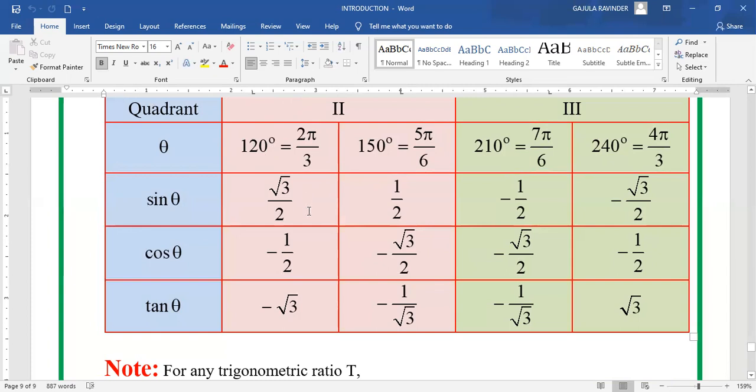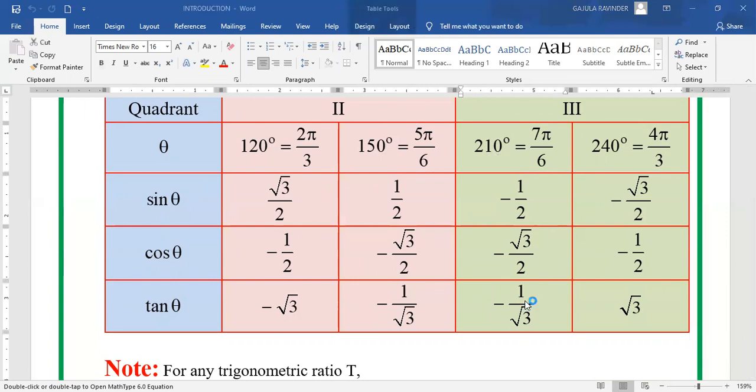In this way, you can get the values of 120, 150, 210. Now coming to, for example, tan 210 degrees. 210 is close to 180 by 30 degrees, but in the third quadrant. So tan 210, 210 is in the third quadrant. Just a minute, this is positive.